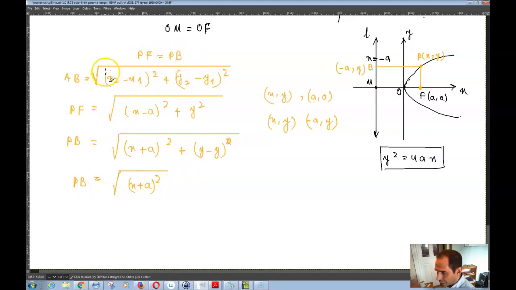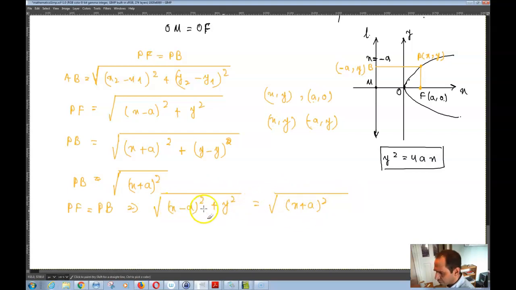So now, since PF is equal to PB, you can write the square root of (x minus a) whole squared plus y squared is equal to the square root of (x plus a) whole squared.